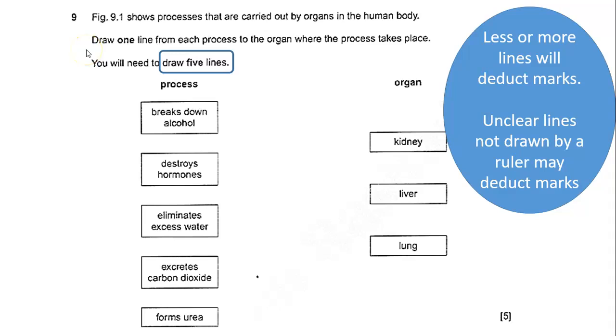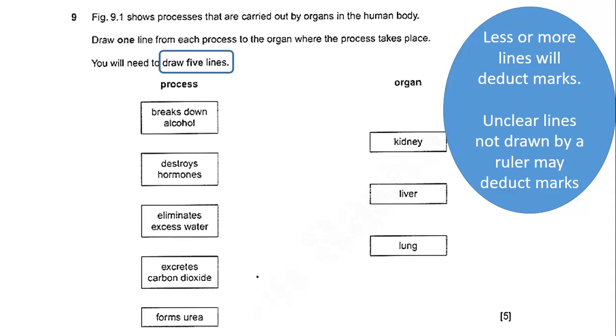Make sure your lines are clear. Make sure you use a pencil so that in case you find that you're mistaken, you can erase them. Make sure you use a ruler. If you add lines, marks will be detected because this means that you're not sure and that the corrector has to choose for you. So please make sure you don't do those mistakes.